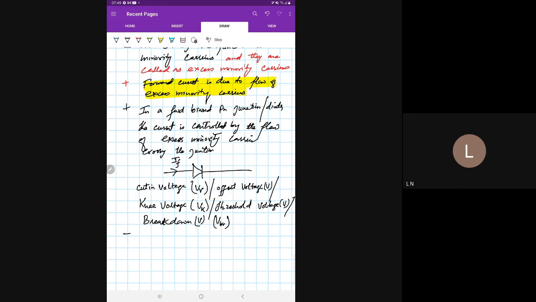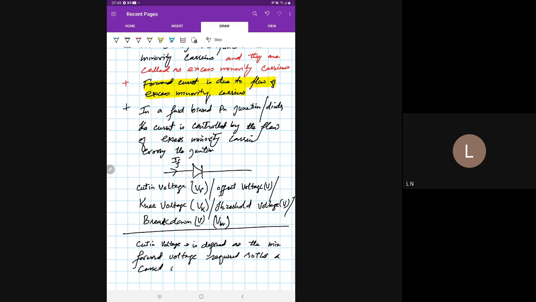Okay, so cut-in voltage is defined as the minimum forward voltage required so that a current will pass into the diode.